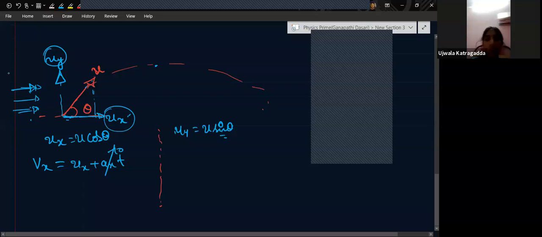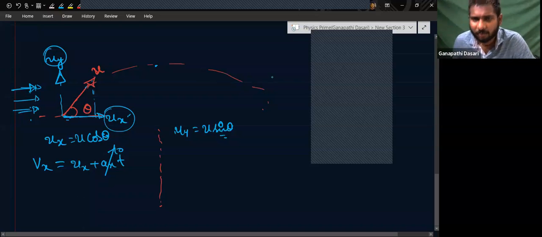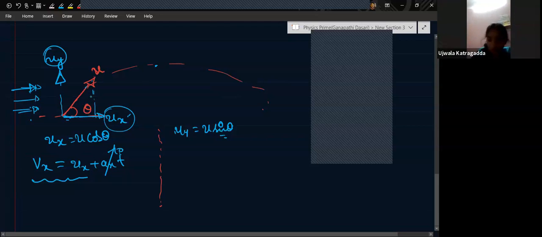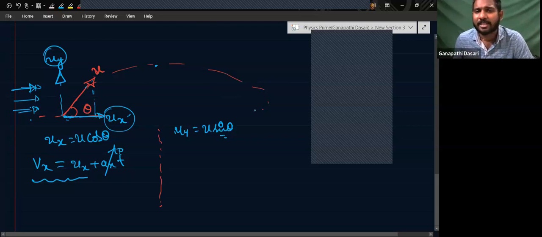Is there any force in the horizontal direction, Varun? No, sir. There is no force in the horizontal direction. That means there is no acceleration in the horizontal direction, that means ax is equal to 0. That means vx is equal to ux. That means for the entire projectile motion, this ux will not change for this ideal basic projectile.